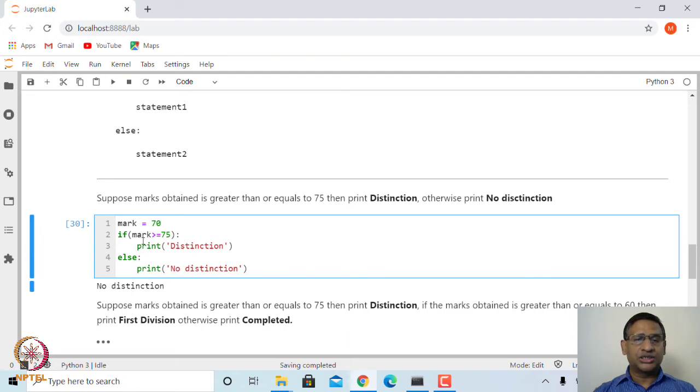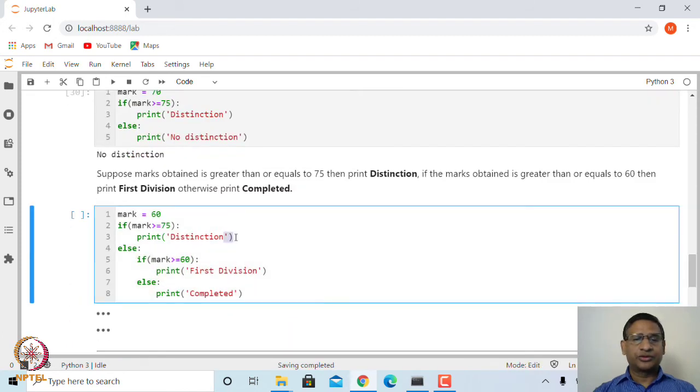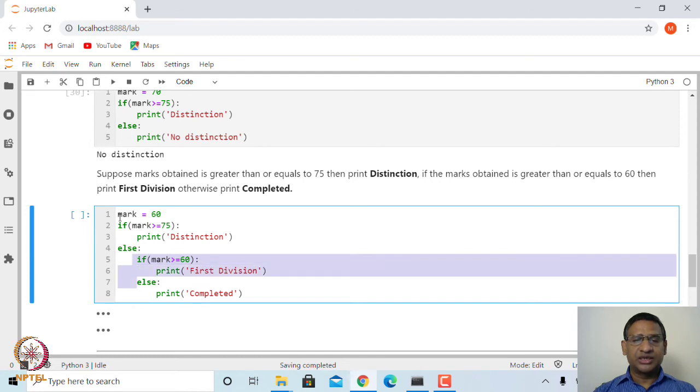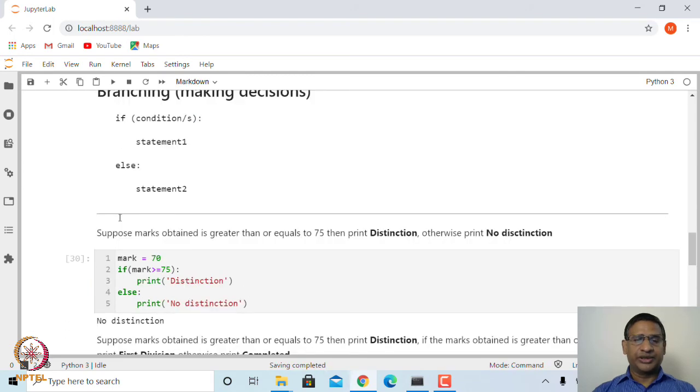So, we can use what is called a nested if. Okay, so let us look at that. This is how you write it first; up to here this is all right, and after that we are saying if marks is greater than equal to 60, then print first division, else, right. So, this whole thing is inside else. Otherwise, you print completed.